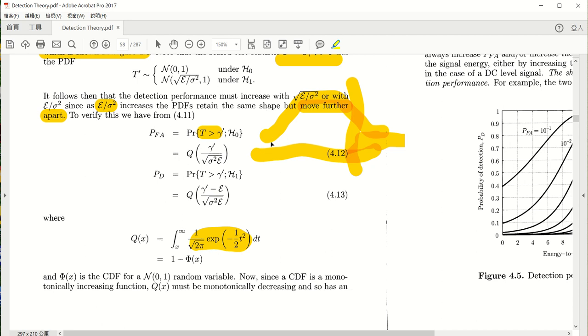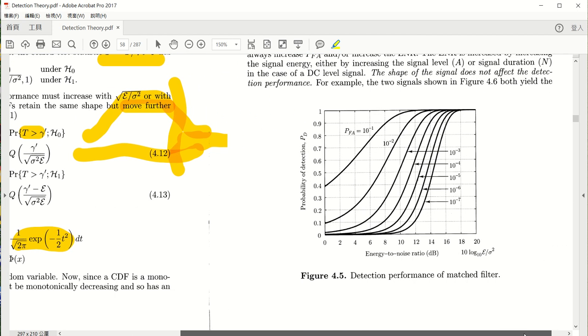Capital Phi means the left-hand side of the standard Gaussian. It's also called the cumulative distribution function for a standard Gaussian. So it's the CDF for an N(0,1) random variable. Now, since the CDF is a monotonically increasing function, the Q function is monotonically decreasing.